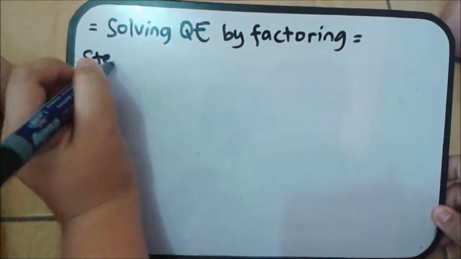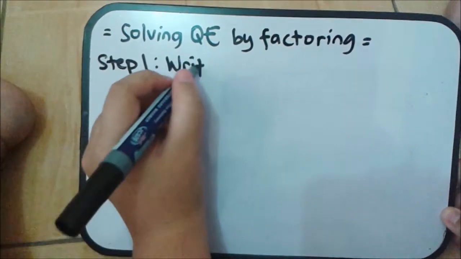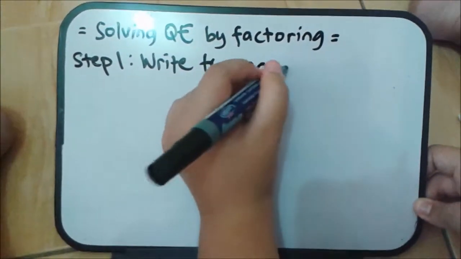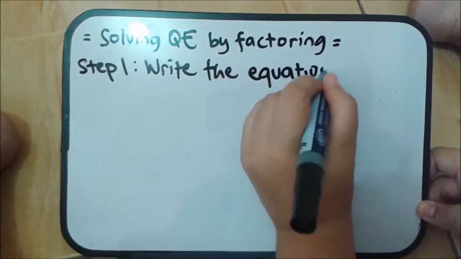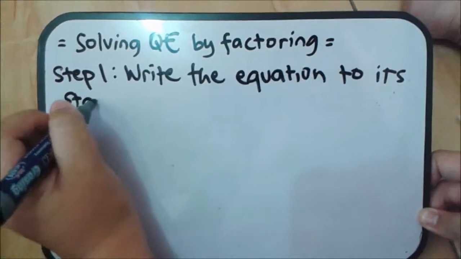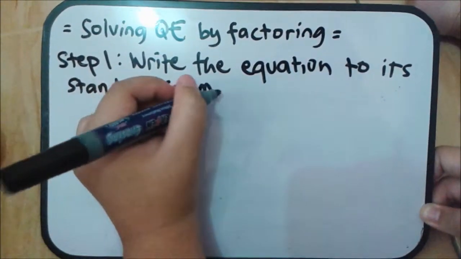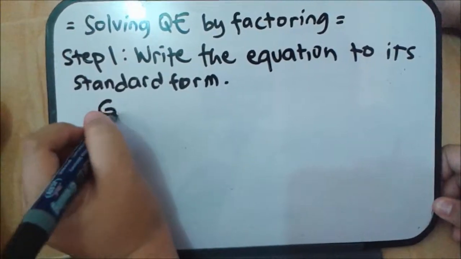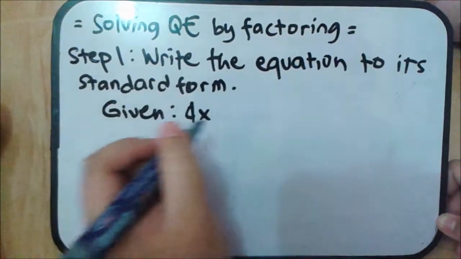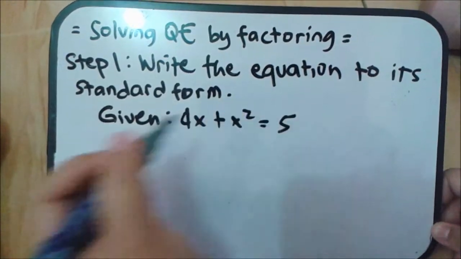Step 1: Write the equation in its standard form. For example, this is your given: 4x plus x squared equals 5.